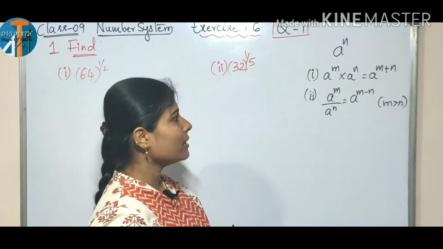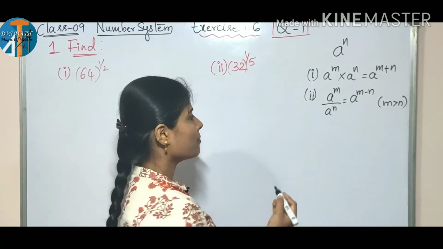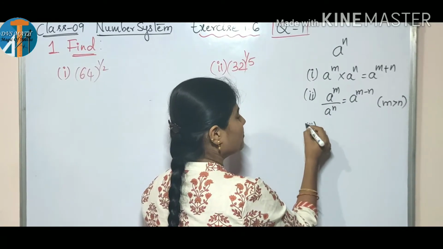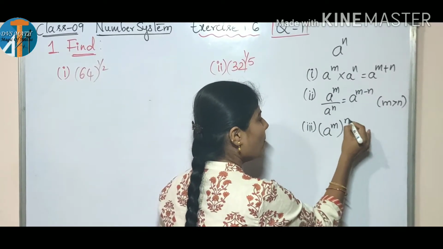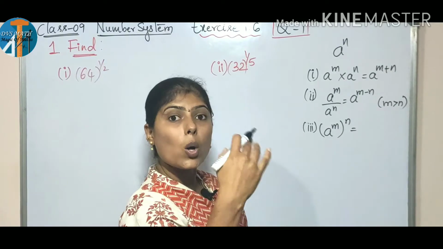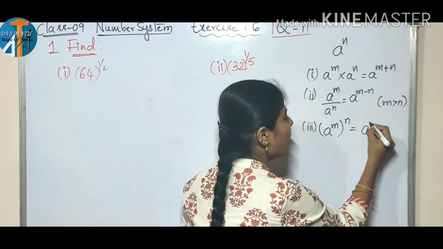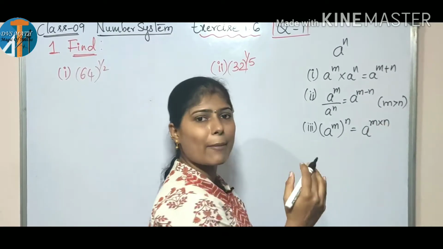If m is greater than n, you can apply this m minus n. Third law: a power m whole power n, you can write as a power m into n, or mn.